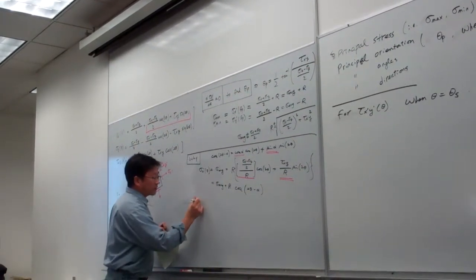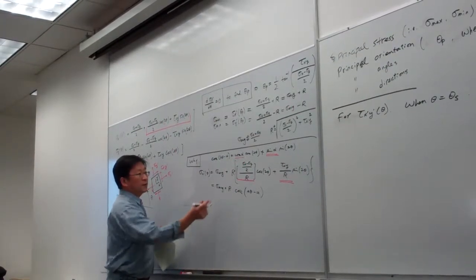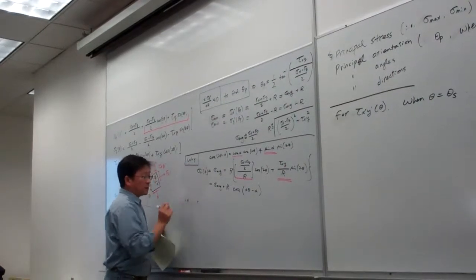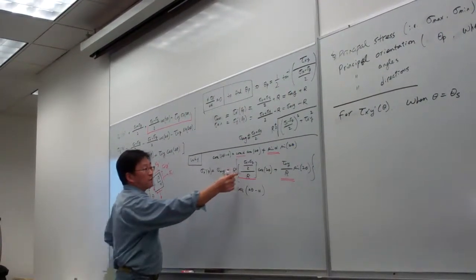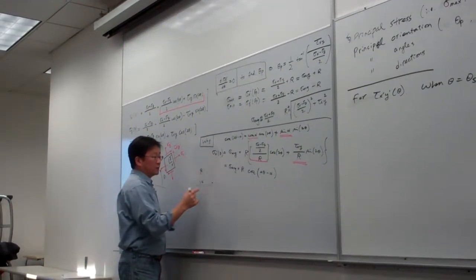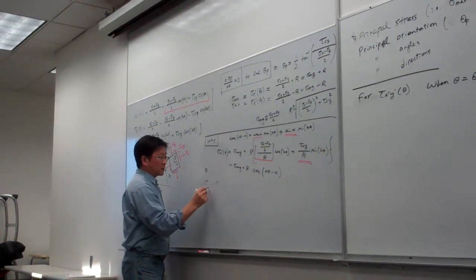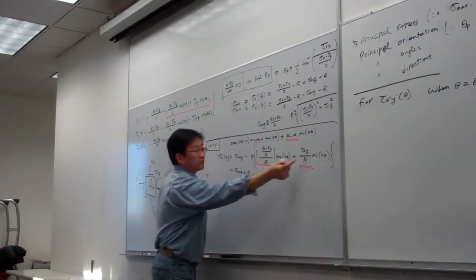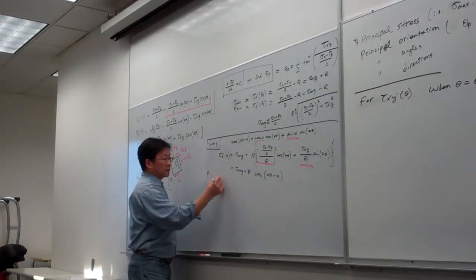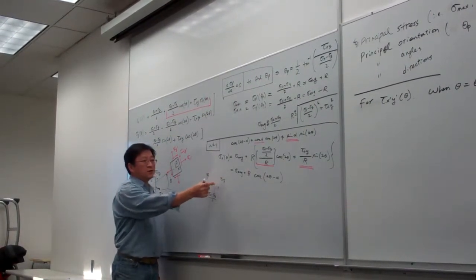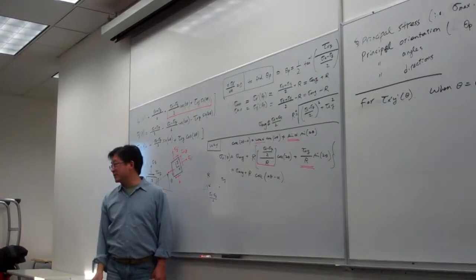If this will be the triangle, and this is the cosine alpha, for example, this is alpha here. Cosine alpha equals this one, so that means here this side will be equal to R. The bottom will be sigma x minus sigma y divided by 2. And sine alpha equals this one, so this side will be equal to tau xy. If the triangle looks like this, then that fits our purpose here.